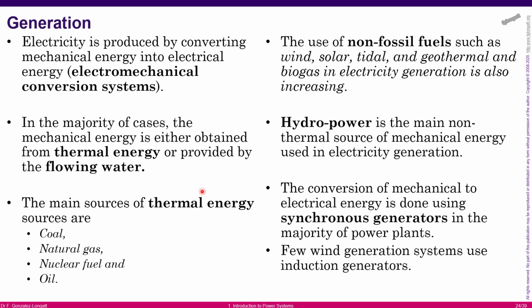For instance, here in Norway, 95 to 98% of the generation comes from hydropower plants, and all of them usually use synchronous generators for producing electricity.